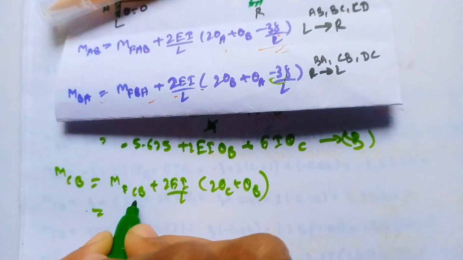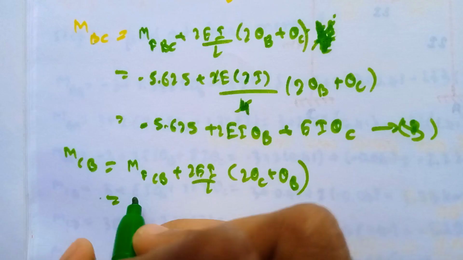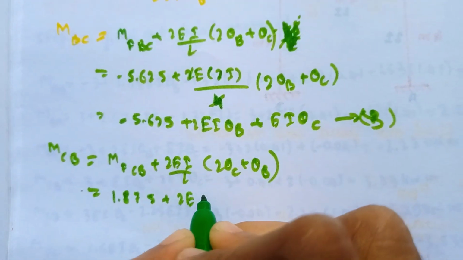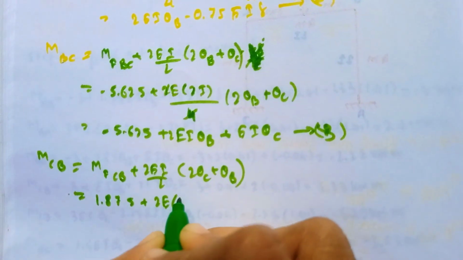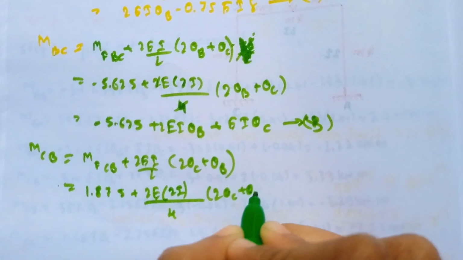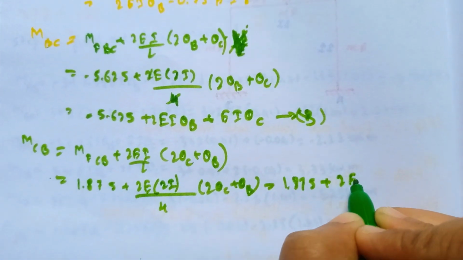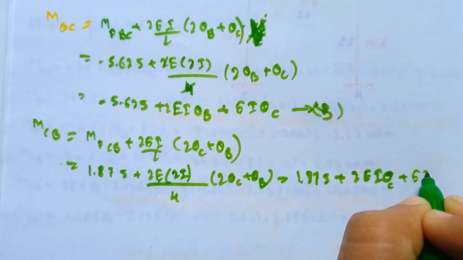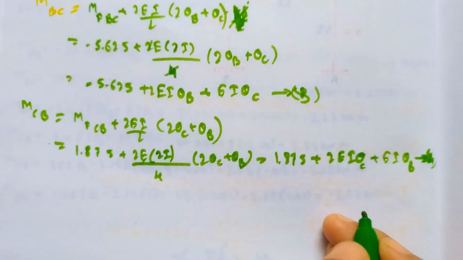Now substitute all the values. The MFCB value we got was 1.875. So MCB is equal to 1.875 plus 2EI, where the I value for span CB is 2I, 2 into I divided by length 4 meters, 2 into theta C plus theta B. Simplify it: it will come out as 1.875 plus EI theta B plus 2EI theta C. Call it equation number 4.